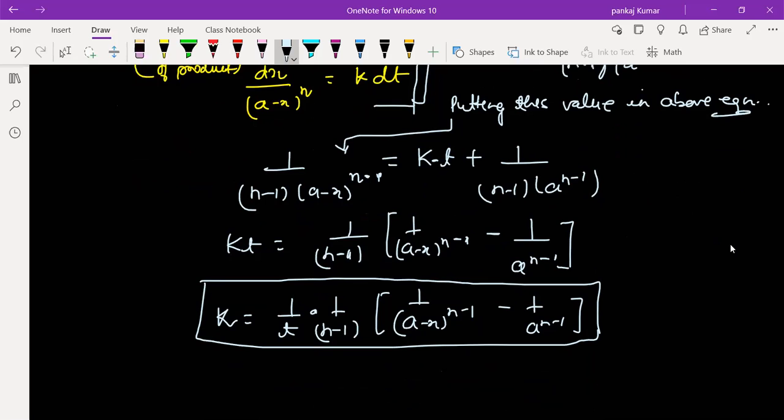So you can find the half life also. What is the half life here?